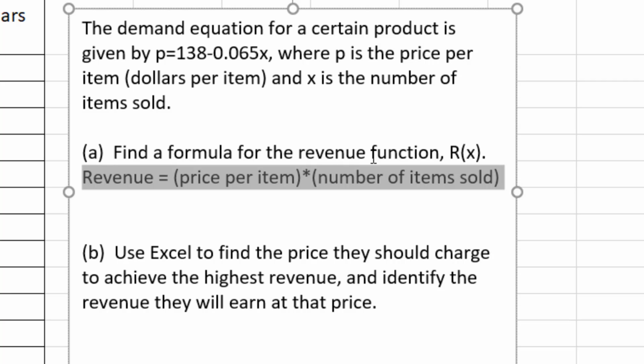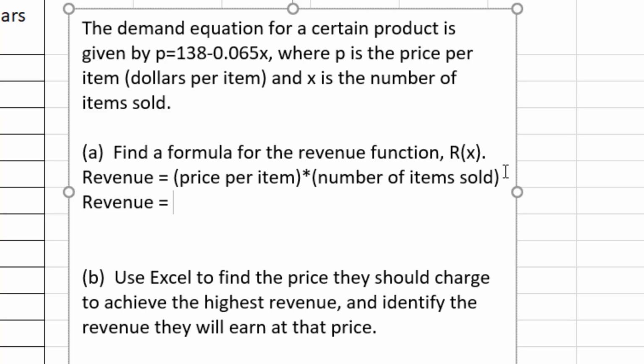First, we need to recall that revenue is always equal to price per item times the number of items sold. In this case, we've been told price per item is the variable P, which is given by this equation, P equals 138 minus 0.065x. So price per item is 138 minus 0.065x.